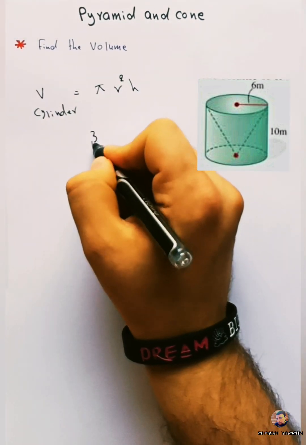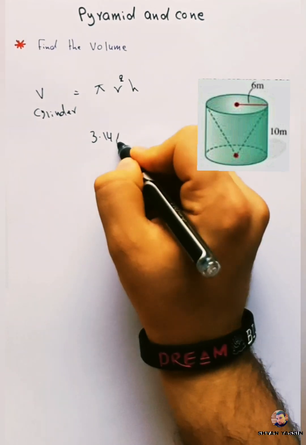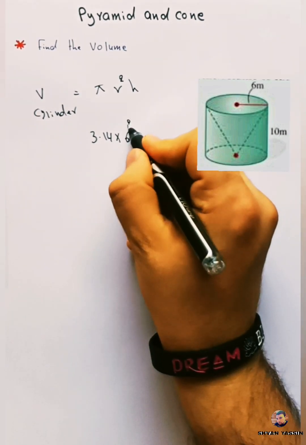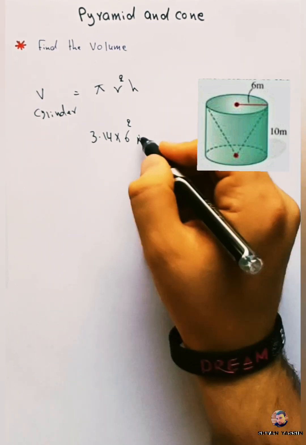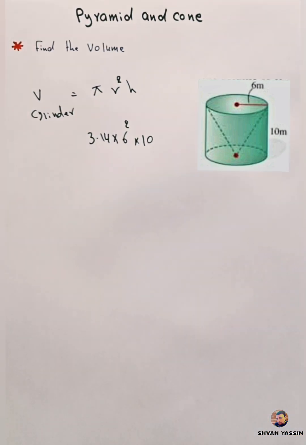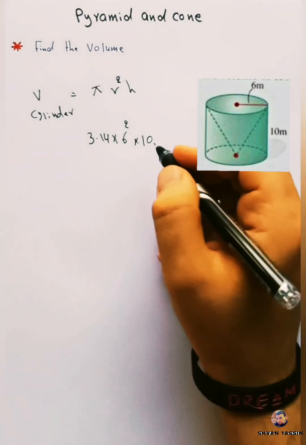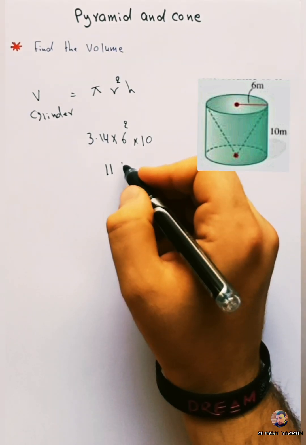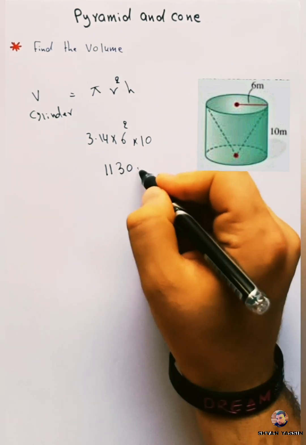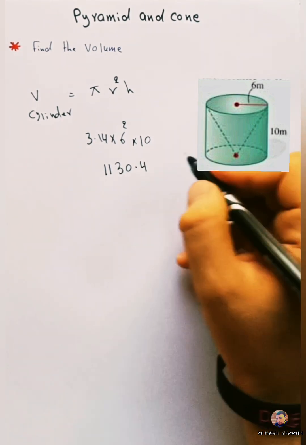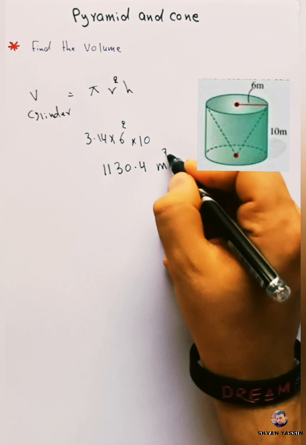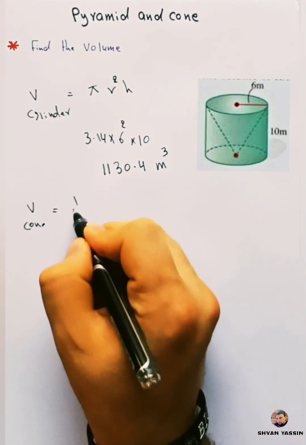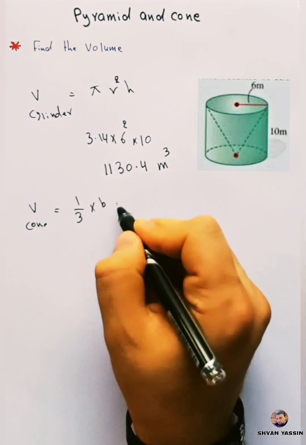So pi is 3.14 multiplied by the radius, 6 squared, multiplied by the height, 10. So we have to multiply the numbers all together. We will get the product 1130.4 cubic meters.